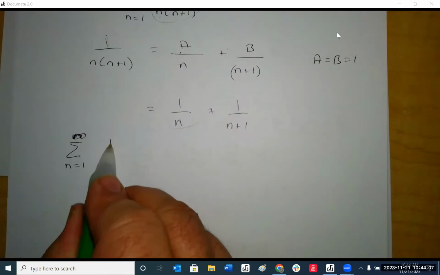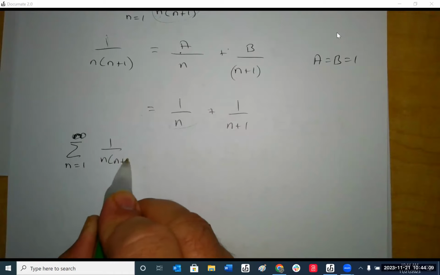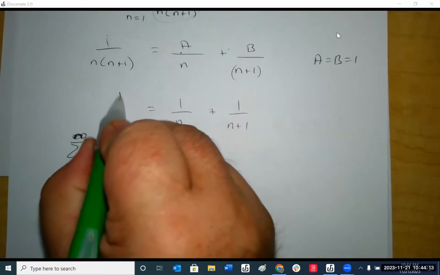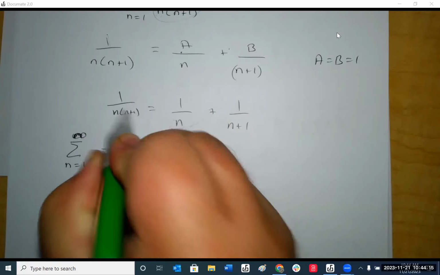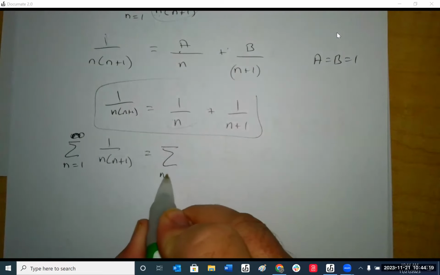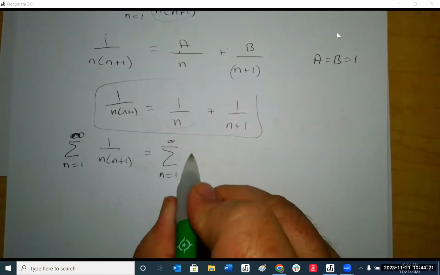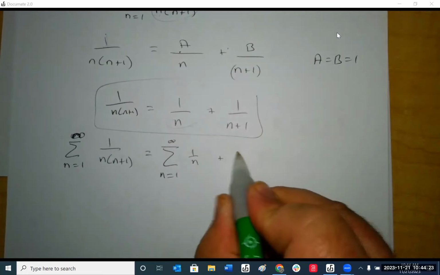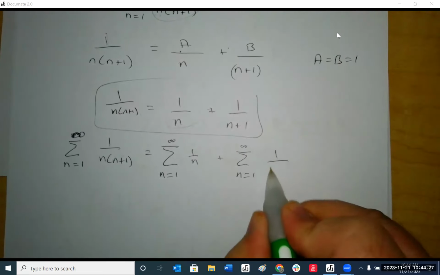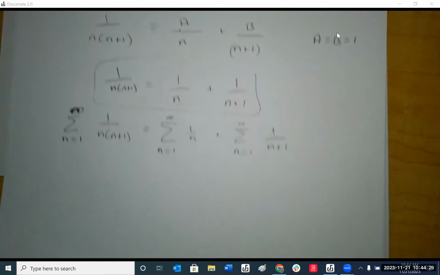So we have 1 over n plus 1. It equals this. So this is the same thing as summation of n equals 1 to infinity of 1 over n plus the summation of n equals 1 to infinity of n plus 1.